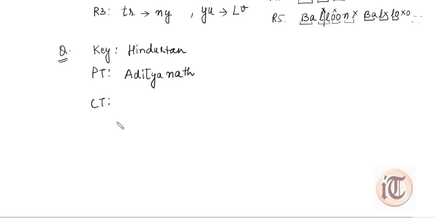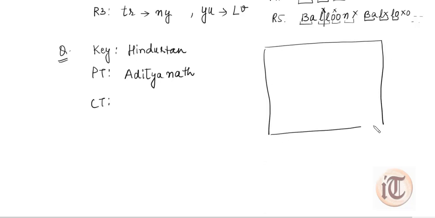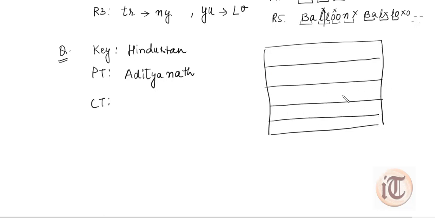The first step is that we have to construct a 5 by 5 matrix and fill this keyword into the matrix. So we create a 5 by 5 matrix, with columns 1, 2, 3, 4 and 5.